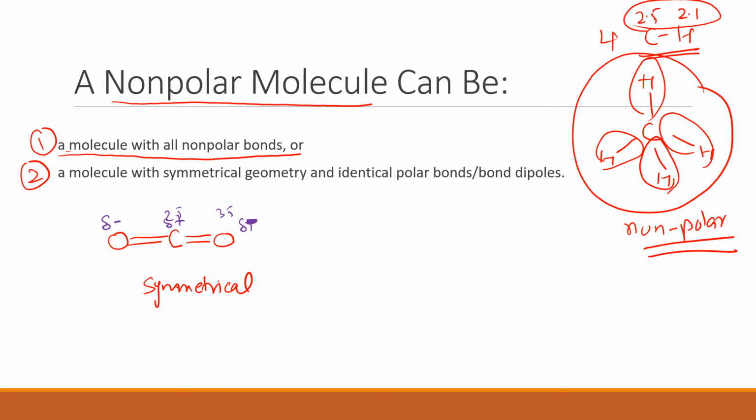So we do have one dipole this way, the other dipole this way. Now because of the symmetry within the molecule, these 2 dipoles cancel each other out and the molecule becomes non-polar.